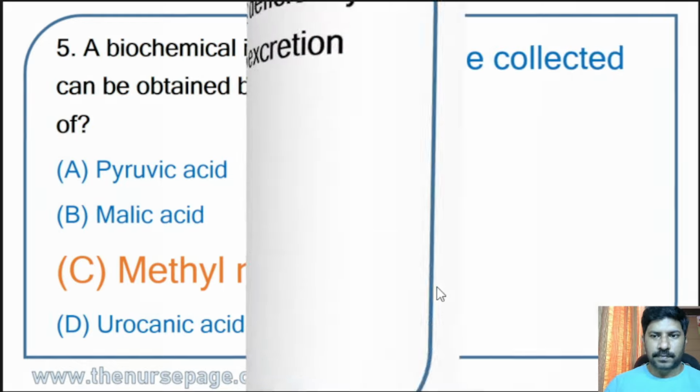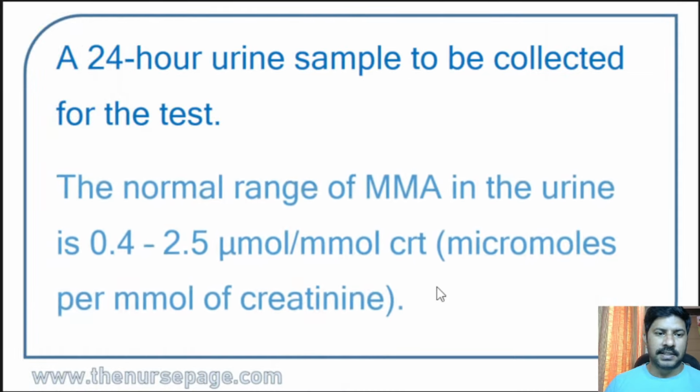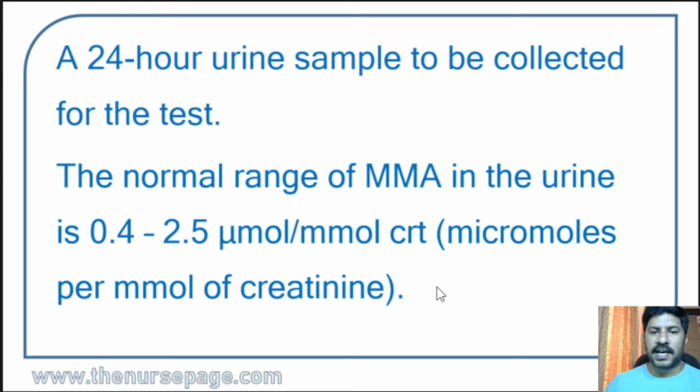A 24-hour urine sample is to be collected for the test, and the normal range of methyl malonic acid in the urine is 0.4 to 2.5 micromoles per millimole of creatinine.